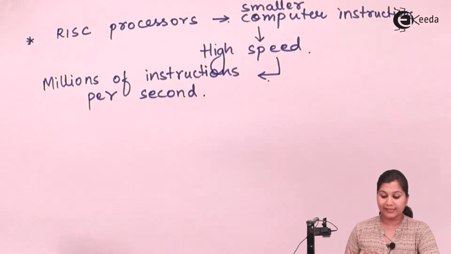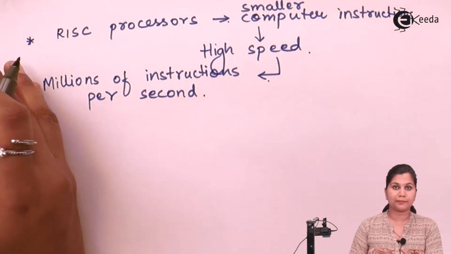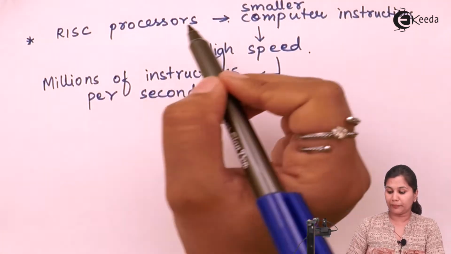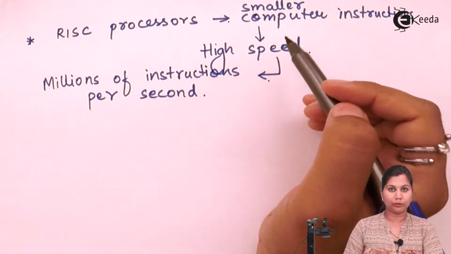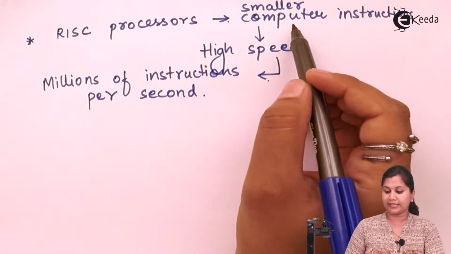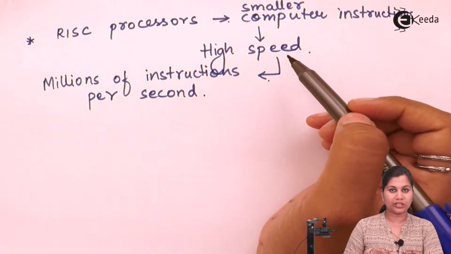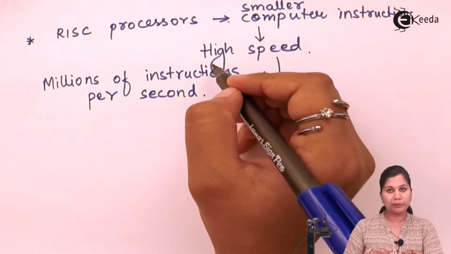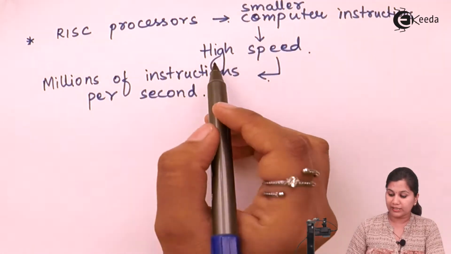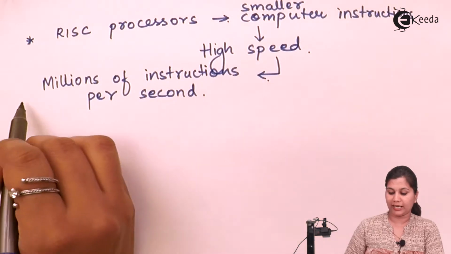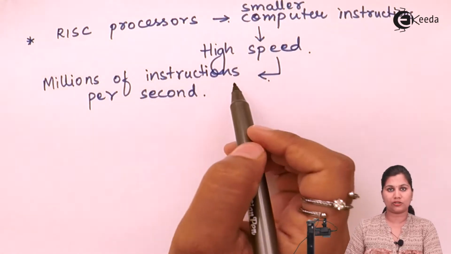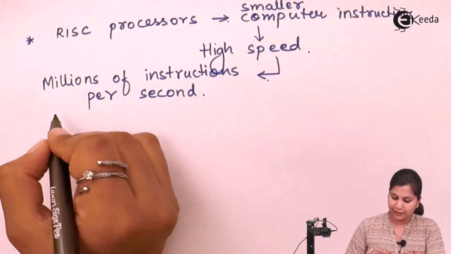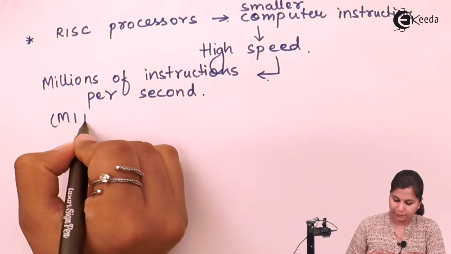That is a characteristic of the RISC processors: due to the presence of smaller computer instructions, they take very little time to execute them. Their speed is very high, so they can execute millions of instructions per second, which is also called MIPS.